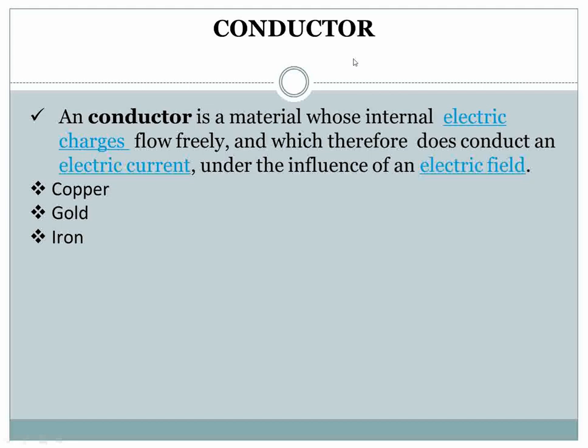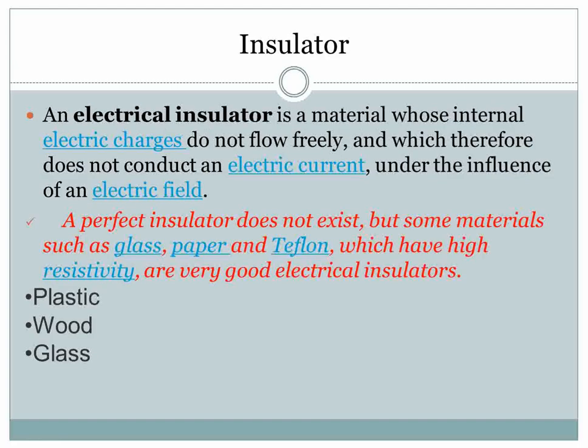Because of the external energy or electric field, current will flow through the material due to the presence of free electrons. That material is called a conductor. What is meant by insulator?